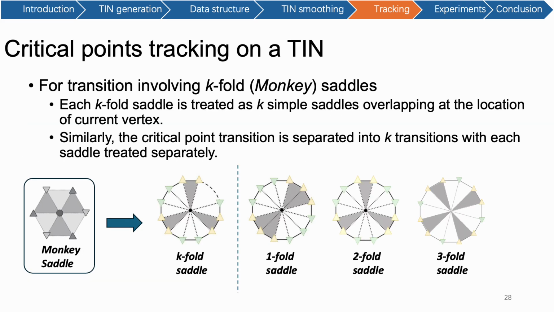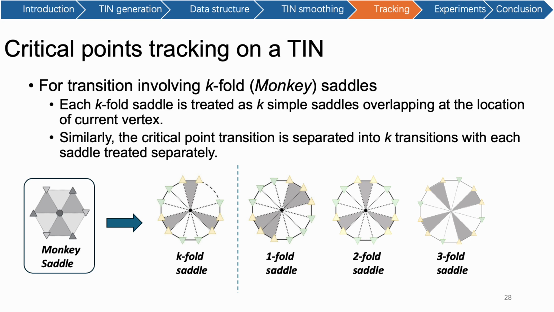In the discrete setting, k-fold saddles appear, as we saw in the previous grid-based method, and on a TIN because the number of direct neighbors is not fixed. When k equals 1, you have a simple saddle. K equals 2, a monkey saddle appears, and this k number can go greater than 2 in the TIN from real-world point cloud datasets.